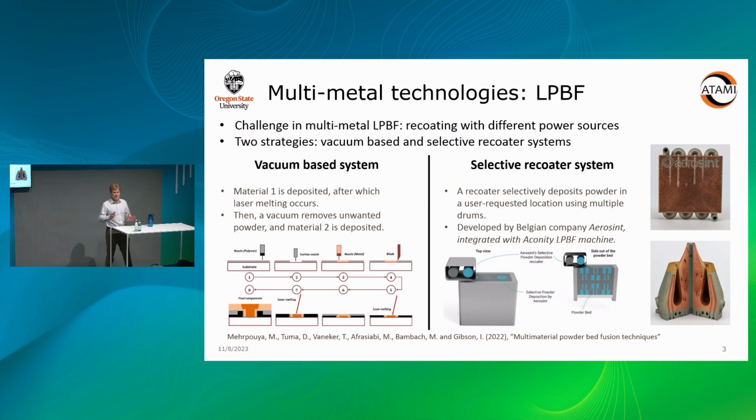In this case, we have a recoater that's able to selectively decide where to deposit what powder. There's a company in Belgium called Aerosint. They've integrated their multi-material recoater with a Farsoon machine. They've really been able to make some beautiful parts. So the technology is quite developed on LPBF with these multi-material parts.